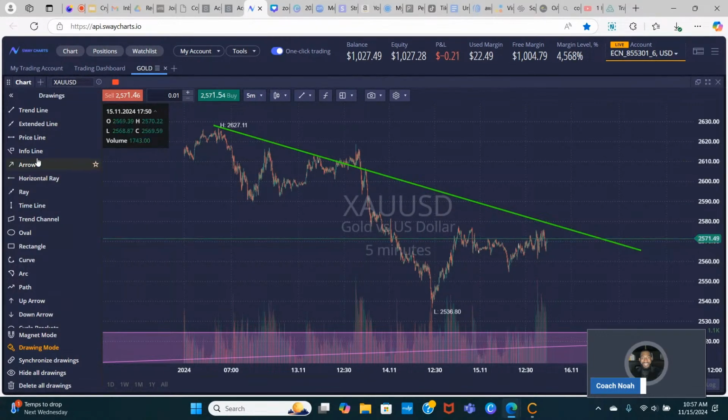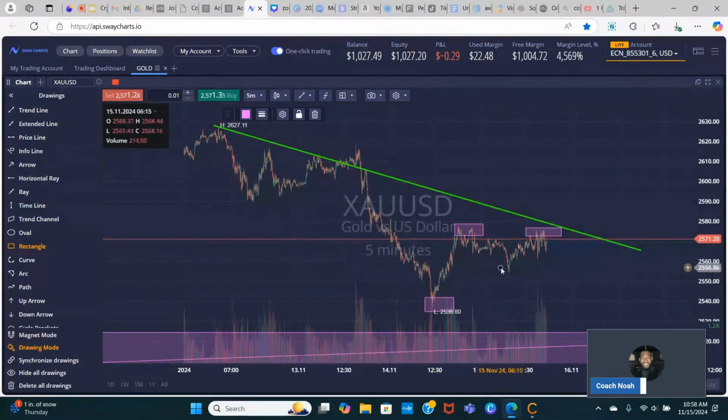Okay. So now we want to identify our support and our resistance. How do we do that? Identify our major reversal points. Okay. So you see here, major reversal point there. I have some here, here.